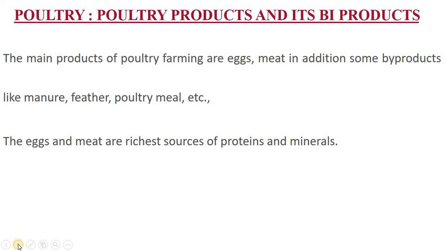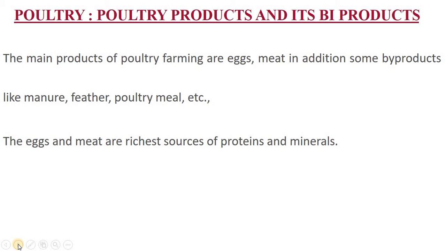Primarily, we rear fowls for eggs and second for meat. So eggs and meat are the direct, main products of poultry farming.